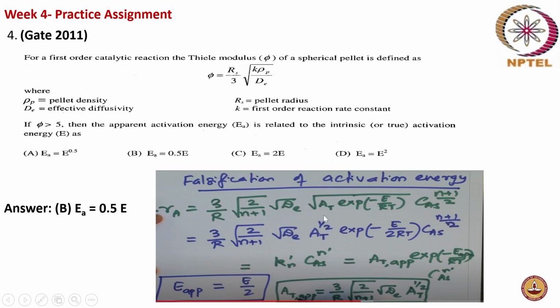It is 3 by R into square root of 2 by n plus 1 into square root of dE into square root of AT, which is nothing but your actual frequency factor. So this is what is the relation.